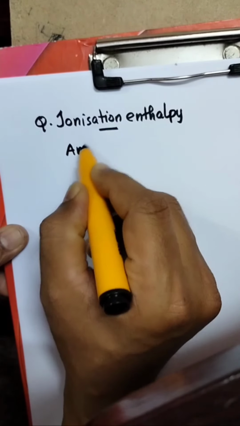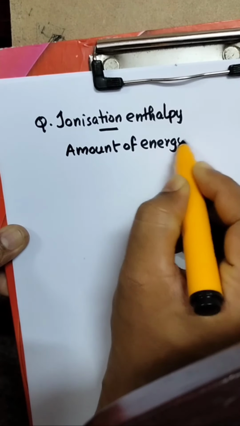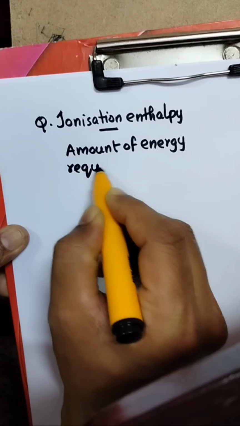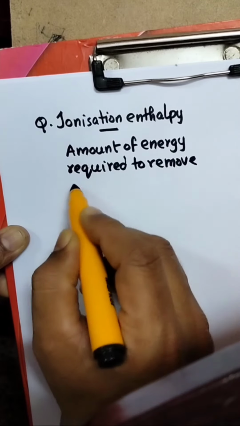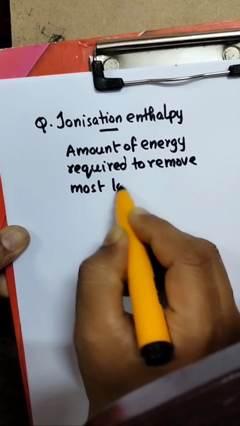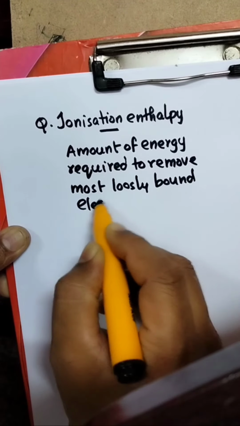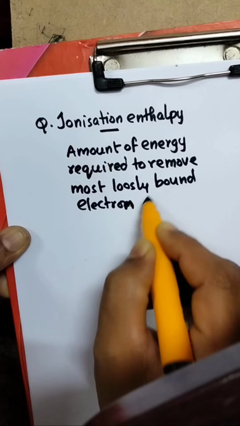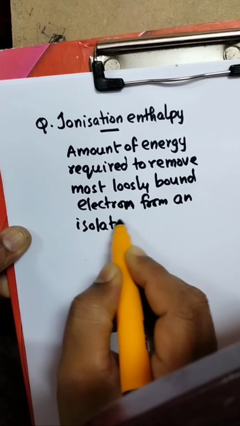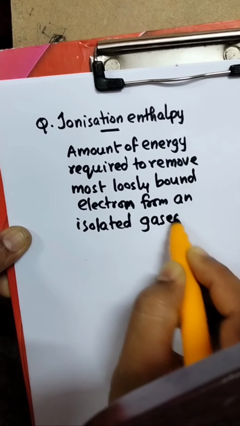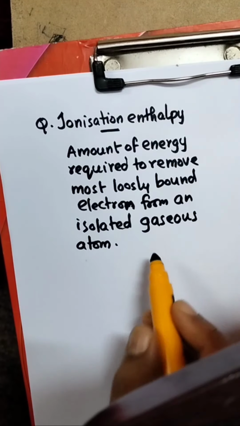Amount of energy required to remove the most loosely bound electron from an isolated gaseous atom is called ionization enthalpy.